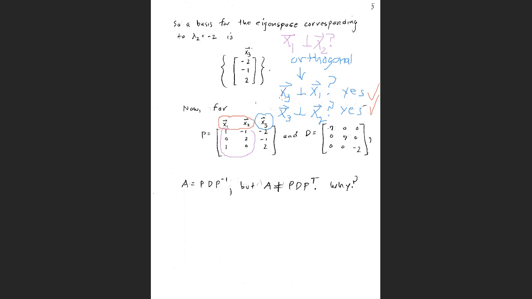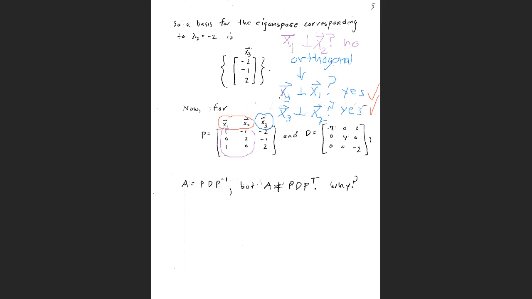So x1 and x2 are in that first eigenspace, right? Let me make sure I got this right here. Yeah. The first eigenbasis consisted of vectors x1 and x2. x1 and x2 are linearly independent, clearly, but are they perpendicular, those vectors? All I need is a yes or a no. That's right, Benjamin, they're not.